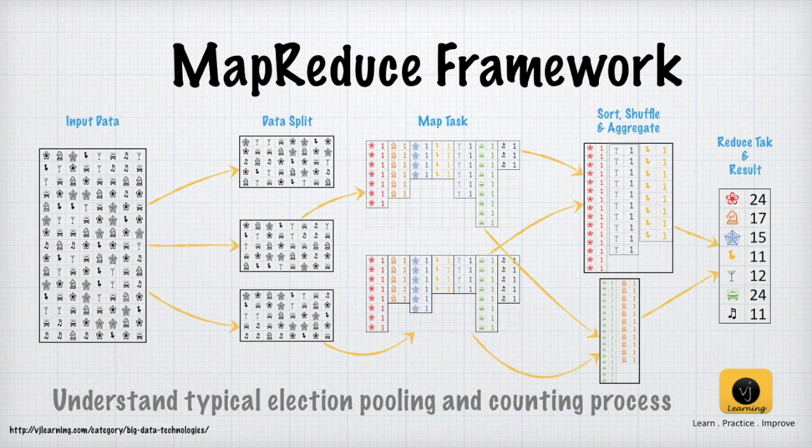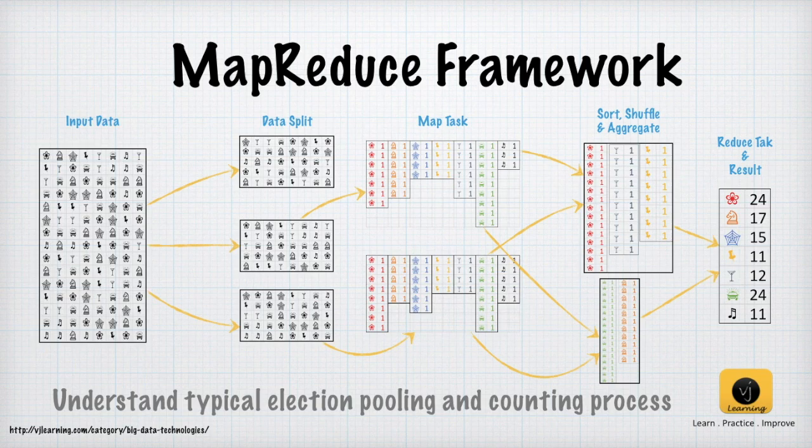The reducer is going to work on each of these splits. If you look at the flower, this piece is considered as one specific reducer input, and the reducer will calculate there are 24 flowers, 17 horses, 15 webs, and that's the output it's going to get. One thing you have to understand is that in the MapReduce framework, the outcome of sort and shuffle is based on a specific key and value.